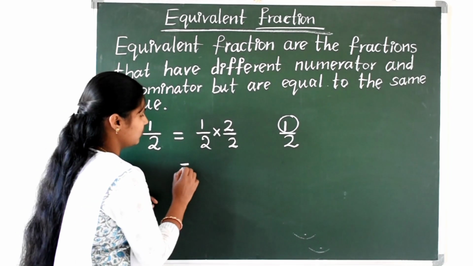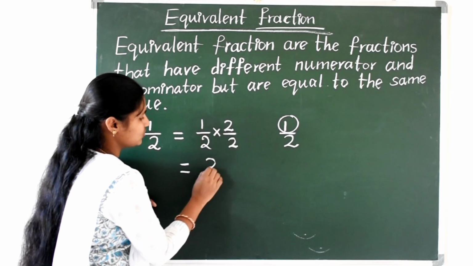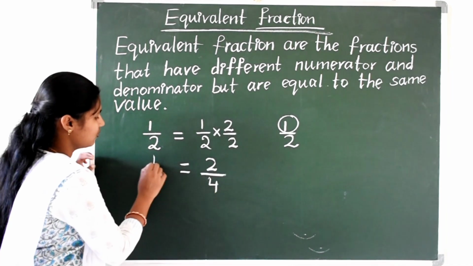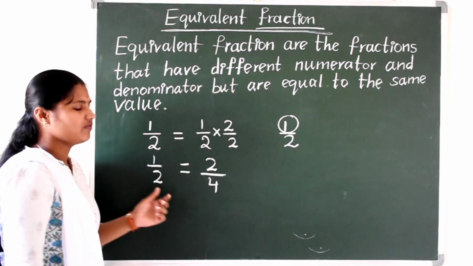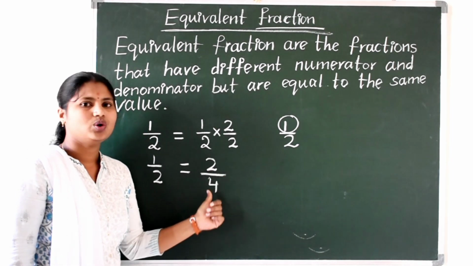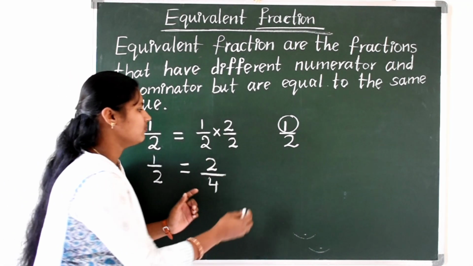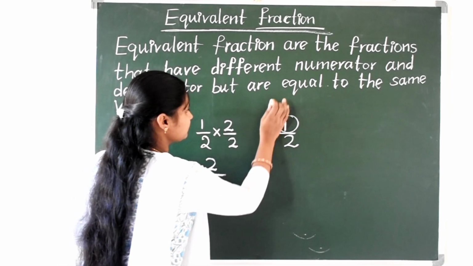Now, 1 2's are 2, 2 2's equal 4. So the equivalent fraction of 1 by 2 is 2 by 4. Yes, 2 by 4. Now we will write one more.